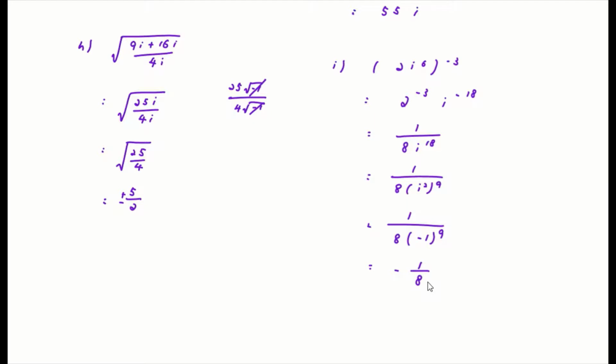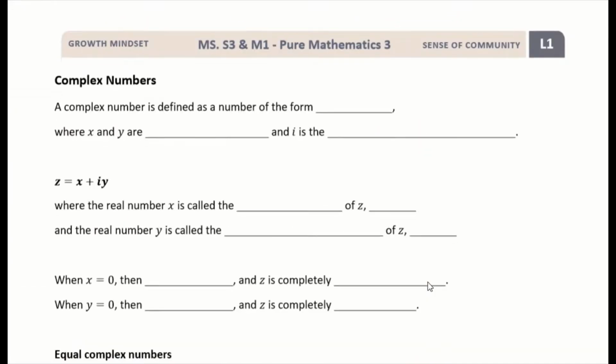Alright, so now we'll move on to the part where we talk about the complex number. Okay, so if you can recall from the number system that we did in the introduction, you can remember that complex number is a combination of the real number and the imaginary number.